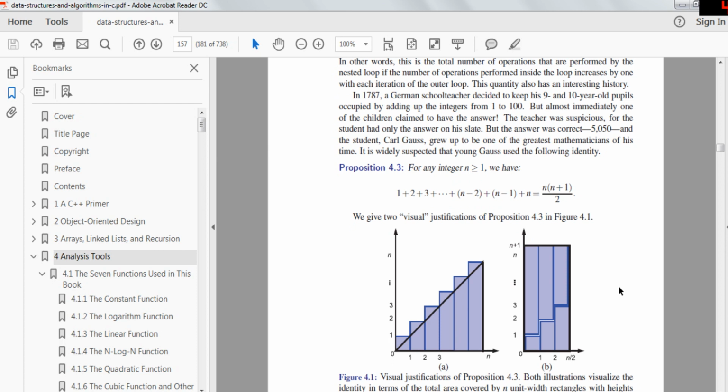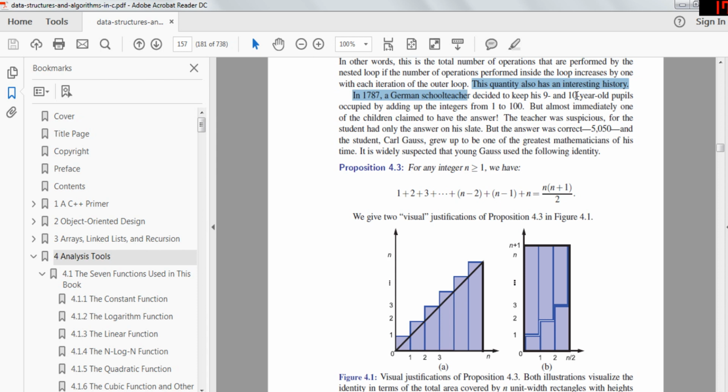So one instance is like if you loop from 0 to n, and instead of looping from 0 to n, you do j equals x plus 1, looping that to the end. I'm guessing that's what they mean. So this is the total number of operations that are performed by the nested loop, where the number of operations performed inside the loop increases by 1 with each iteration of the outer loop.